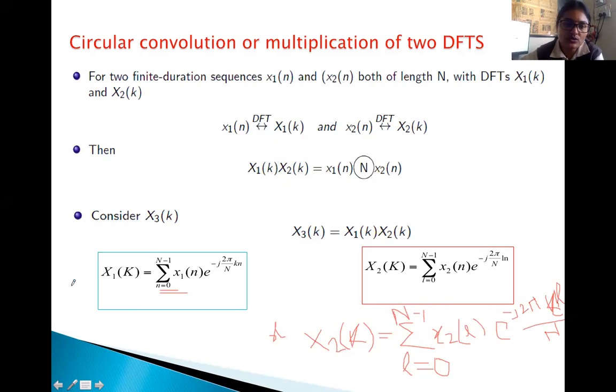We have considered two sequences, x1 of k and x2 of k. When we perform multiplication of these two DFT sequences, we will get the third sequence called x3 of k. x3 of k is the third sequence obtained by multiplying x1 of k and x2 of k.